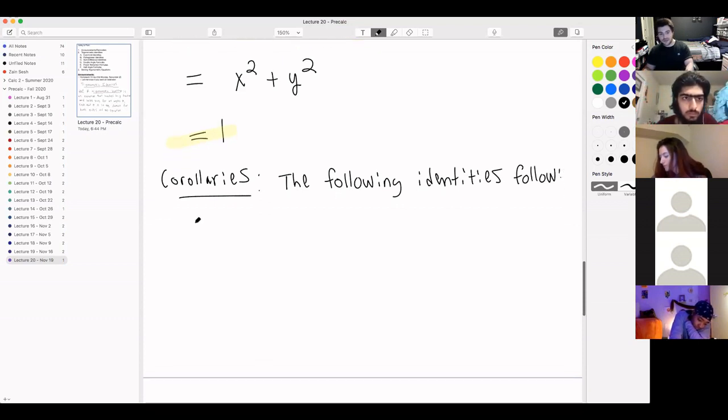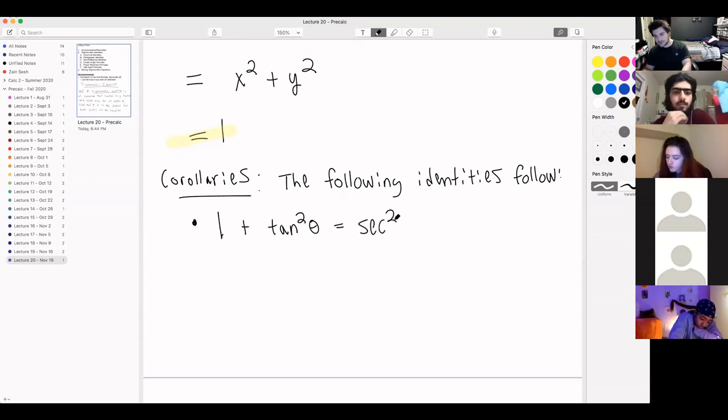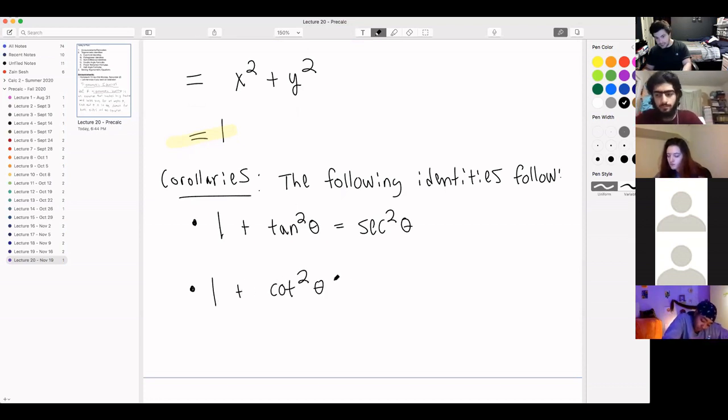So we also have these. We have that 1 plus tangent squared theta is equal to secant squared theta. And second, we have 1 plus cotangent squared theta is equal to cosecant squared theta.